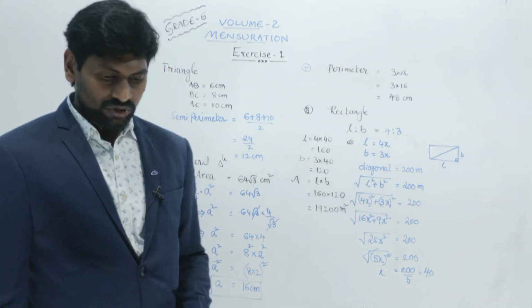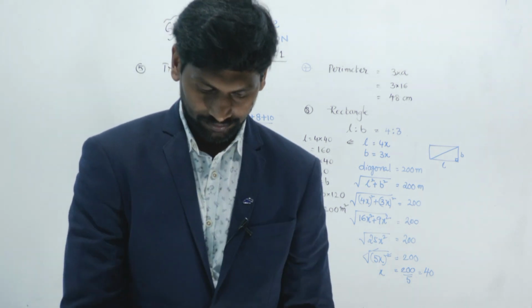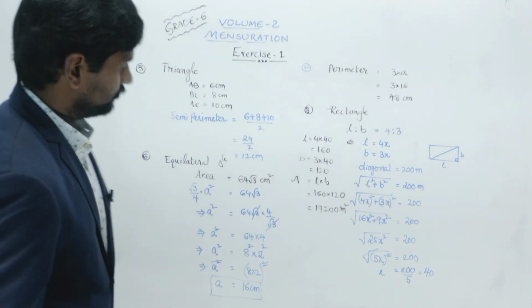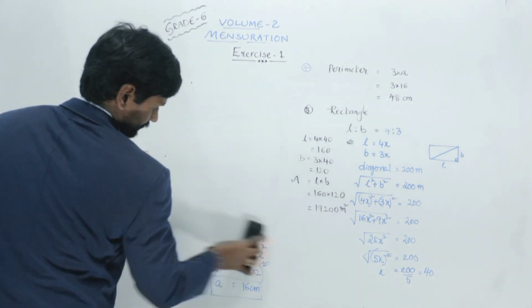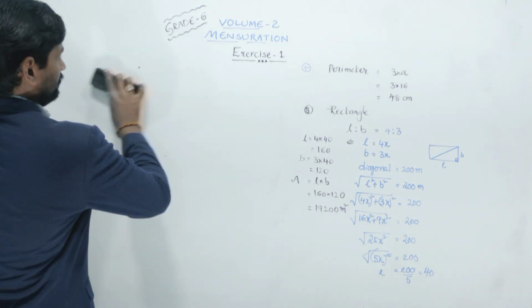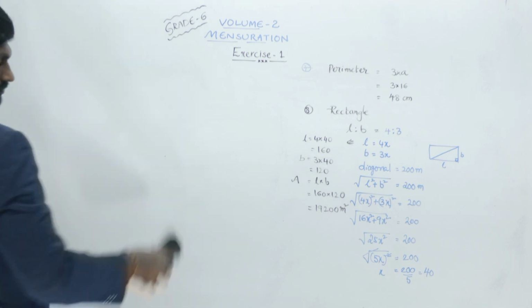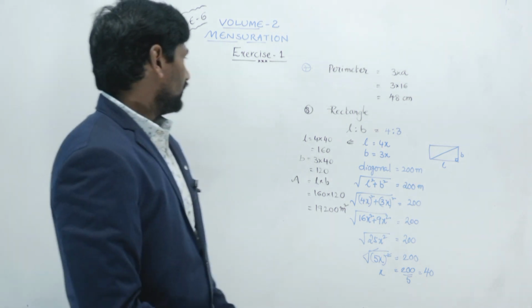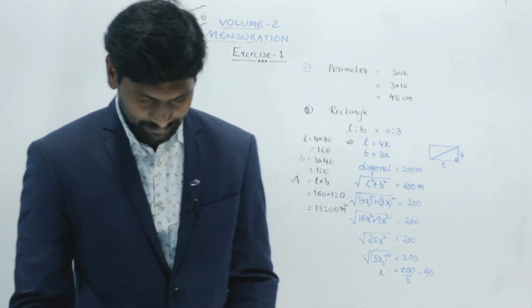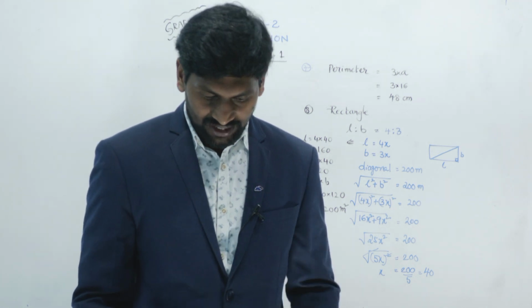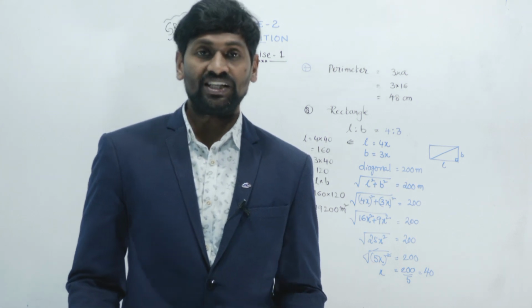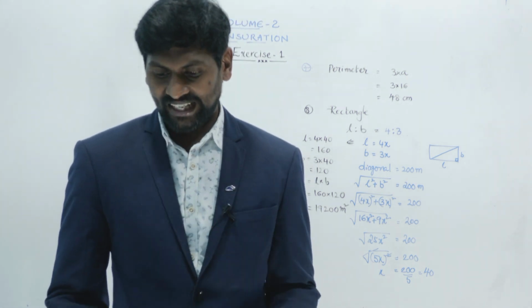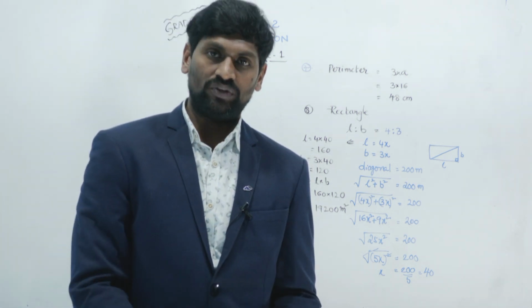Yeah. So let us go to the next problem. The ninth problem is given that if the legs of a right angle triangle are 3 centimeters and 4 centimeters and its area is k centimeters, then k value we need to find.